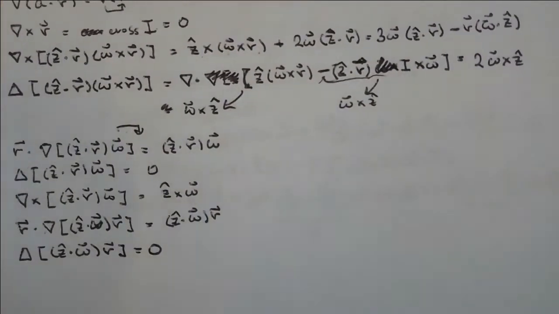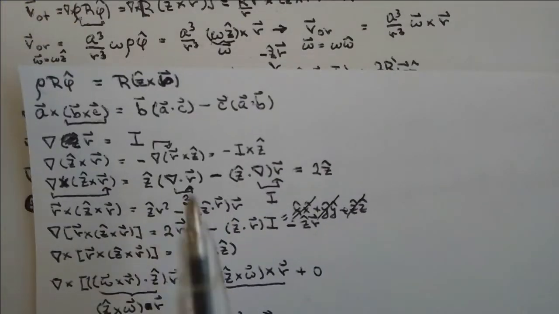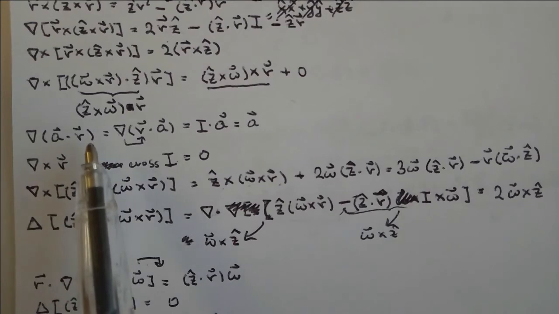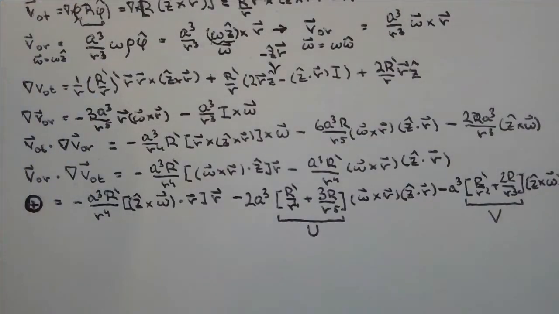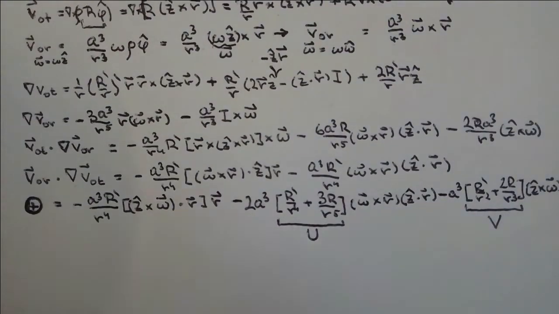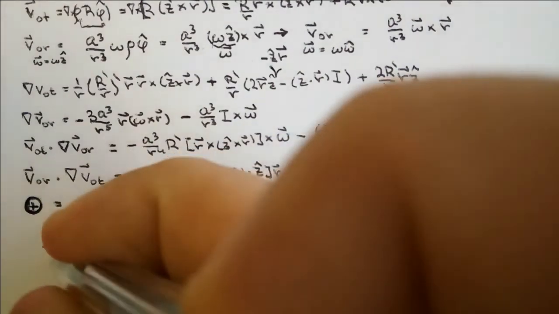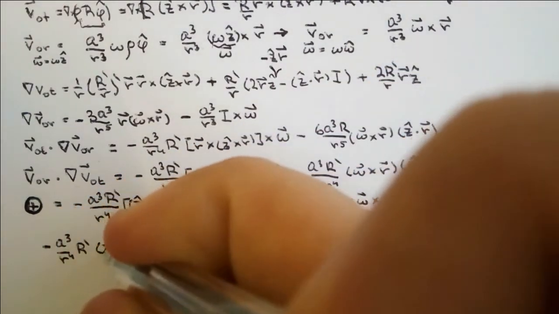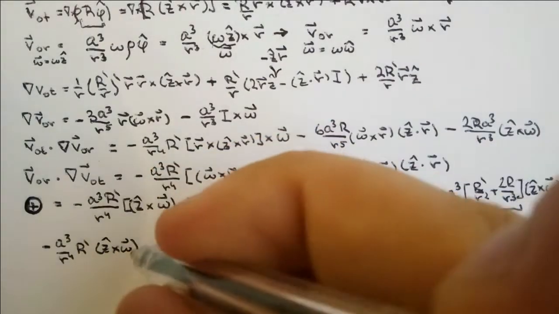And as you know, the gradient of a vector dotted with r, the position vector, is just the vector itself. So this will be just minus a cubed over r to the 4th power, r prime, z hat cross omega cross r.